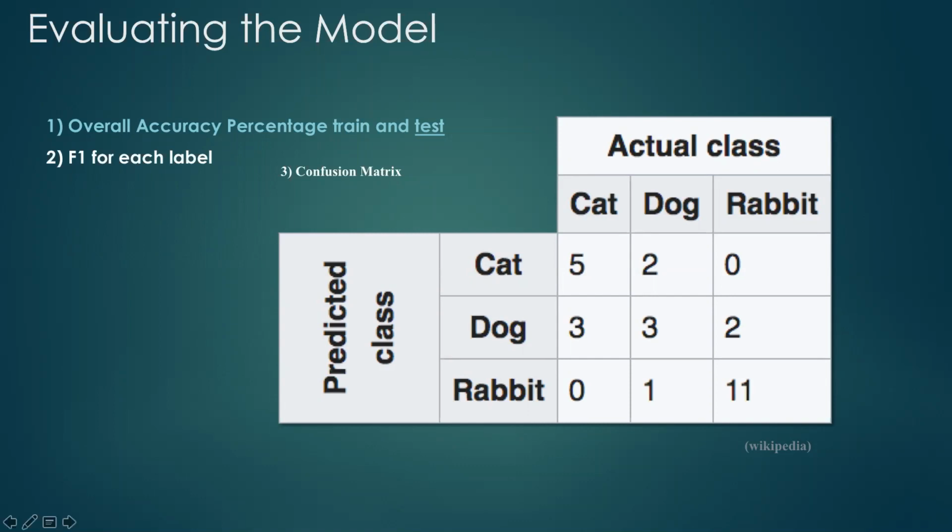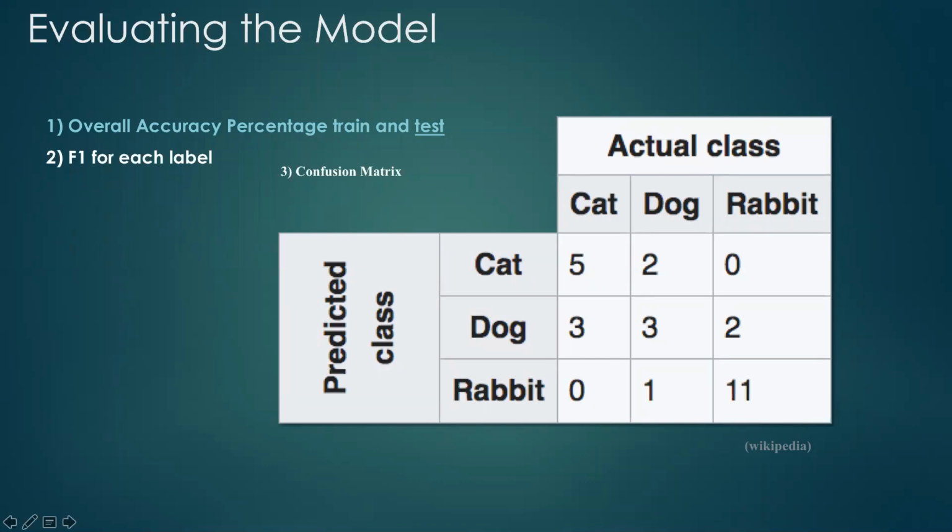So across the top, we have the actual classes for the classifier. And across the side here, we have the predicted classes. And then here are the labels of the classes themselves. So what this matrix is telling us, in this example, down in the lower right-hand side, the class was actually a rabbit, and we predicted it was a rabbit.